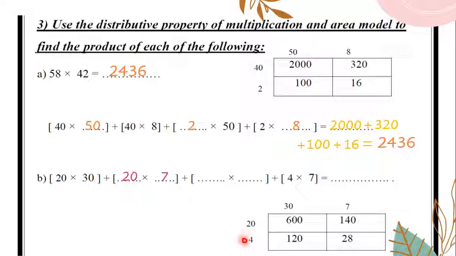Then let's distribute 4 times what? 30. Let's write 4 times 30. And the last step, 4 times 7. He already wrote it for me. So after adding these numbers, 600 plus 140 plus 120 plus 28, the answer will be 888.